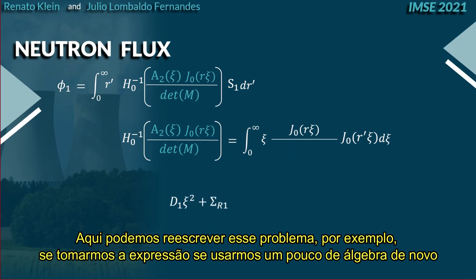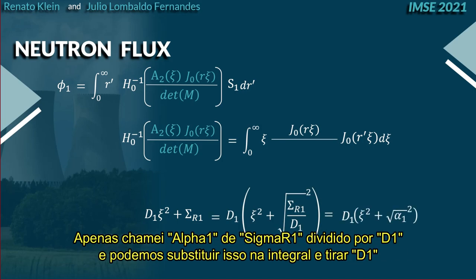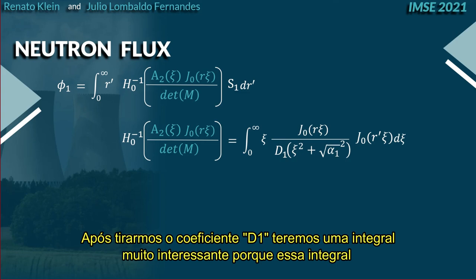For example, with some algebra again and again, here I just call alpha 1 the quantity sigma r1 divided by D1, and we can replace this in the integral, and of course take the coefficient D1 out of the integral.